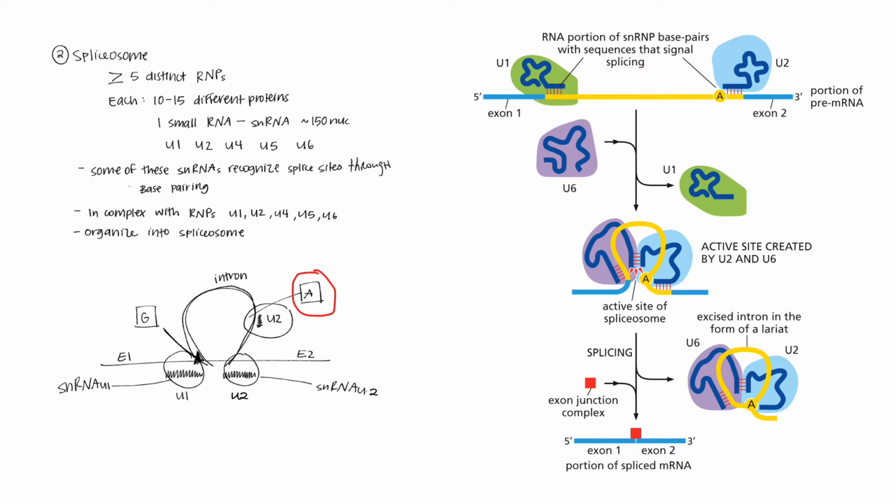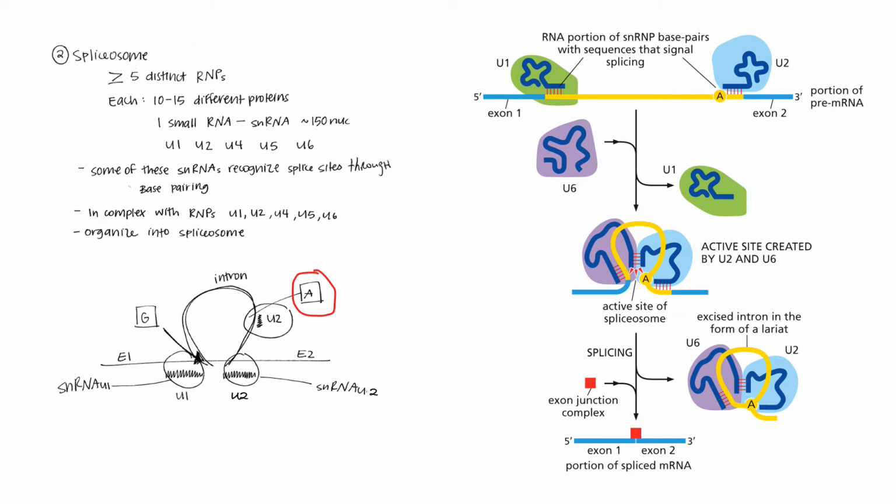There's a series of sequences that are conserved, but the A is the most important. I have that circled with red, and that is also bound by U2. But what you have to realize is that all of these proteins are binding on this and positioning this in such a way that the intron gets looped out and the exons are brought together.